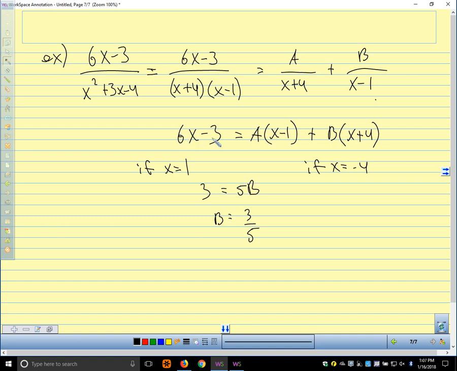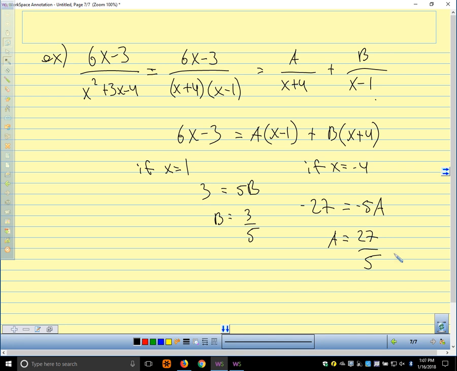So we get negative 24 minus 3. Negative 27 equals negative 4 minus 1, negative 5a. This one goes away. And a equals 27/5.